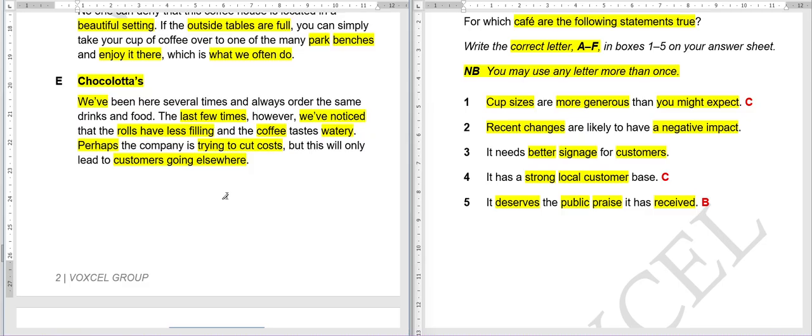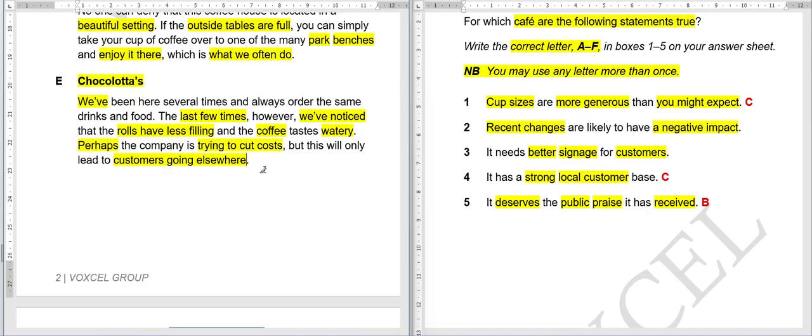Why would you go there? The prices are competitive, and even at those prices they are not giving you a sufficient amount of food, so you will not go there. They will lose customers by doing this. Now again, time starts now.